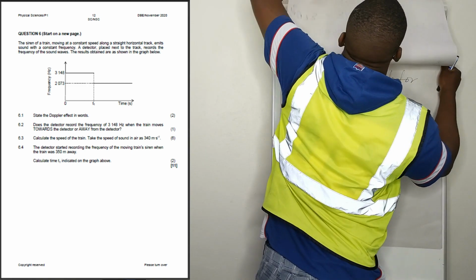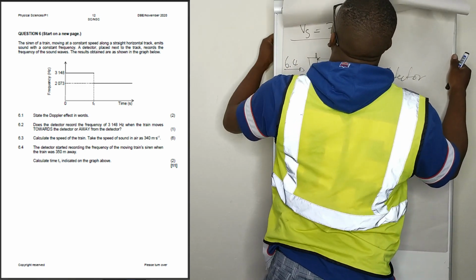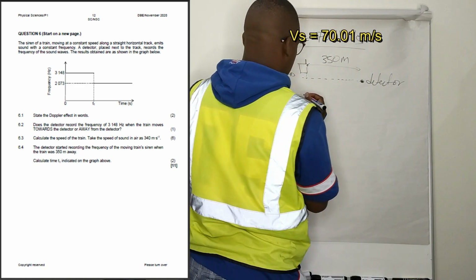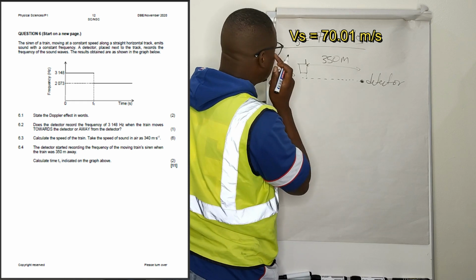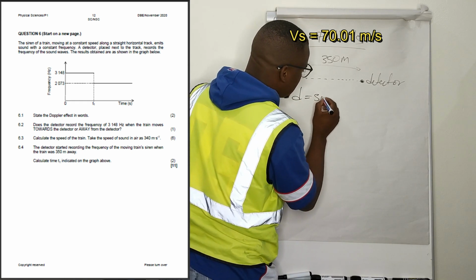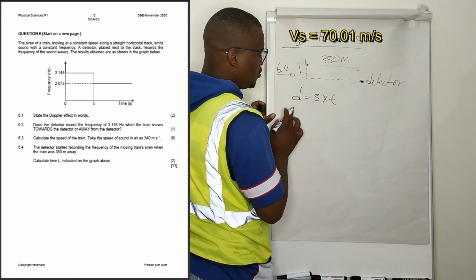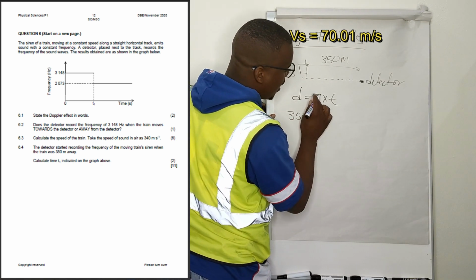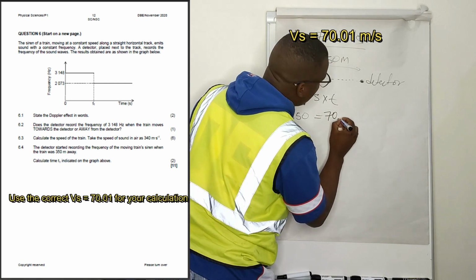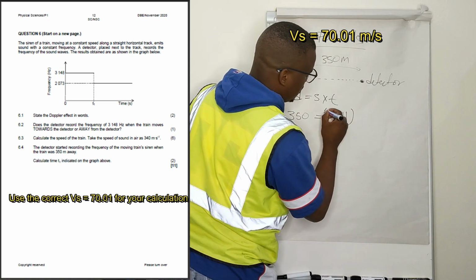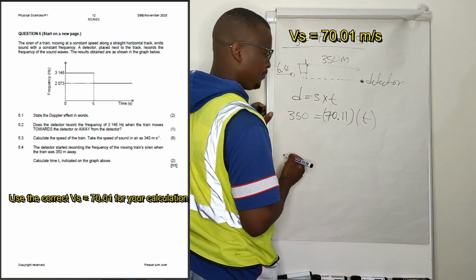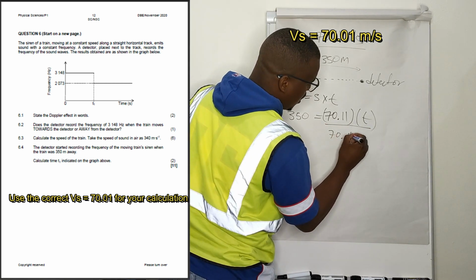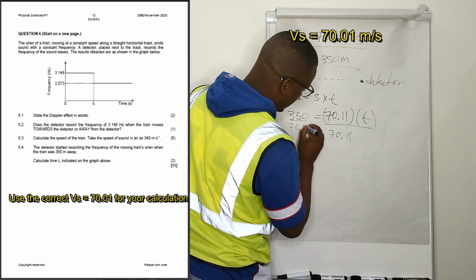To do this, we know that distance is equal to speed times time. You have the distance, that is 350 meters, and the speed of the train, that is 70.11, times time. So you are solving for time. You divide by 70.11 on both sides.